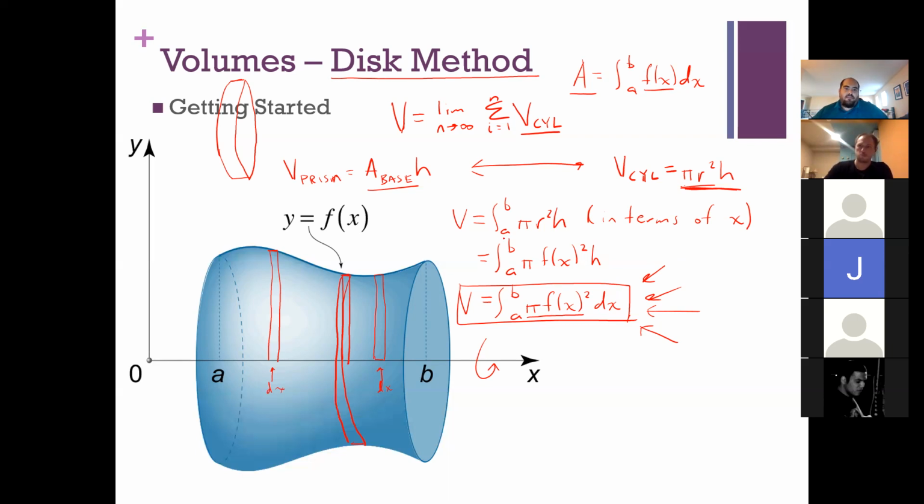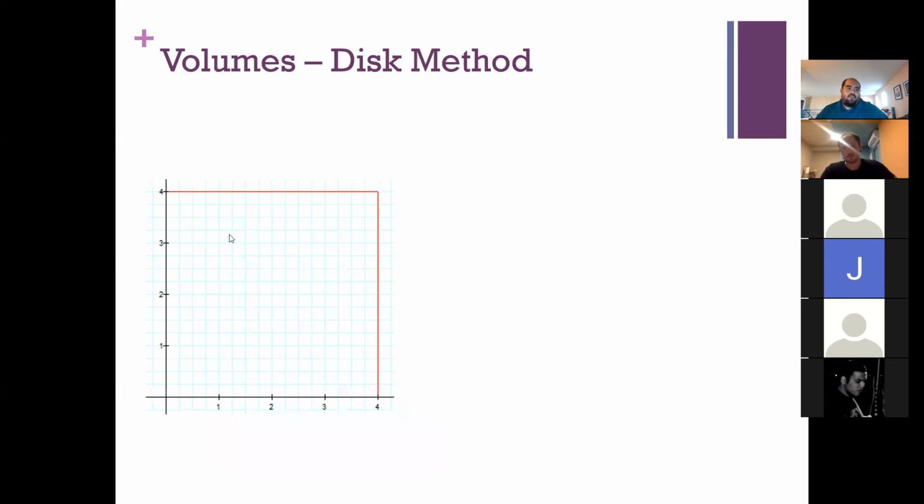All right, let's look at an example. So first thing I want to look at here is a very simple function. I'm going to take this area here, and I want to revolve this around the x-axis.